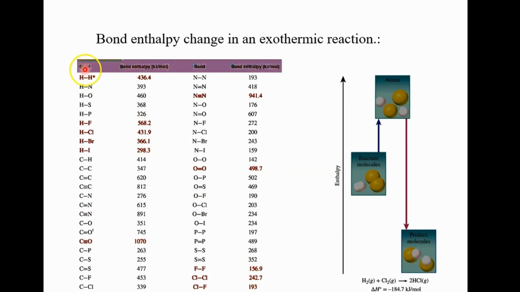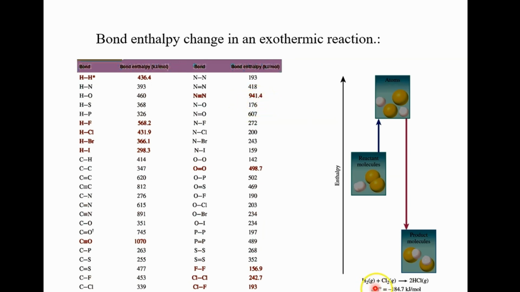So here is a table of different bonds. And so I was just talking about, here it is, N2 gas. 80% of the atmosphere is N2 gas. That's kind of nice because N2 is nice and inert. And you can see it takes a lot of energy to pull apart a molecule of N2.